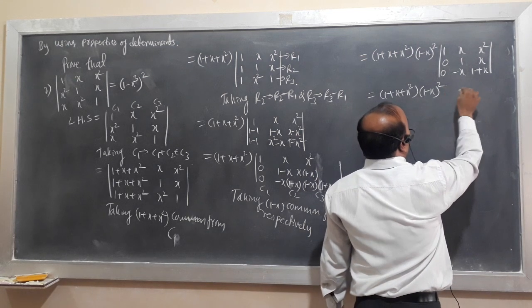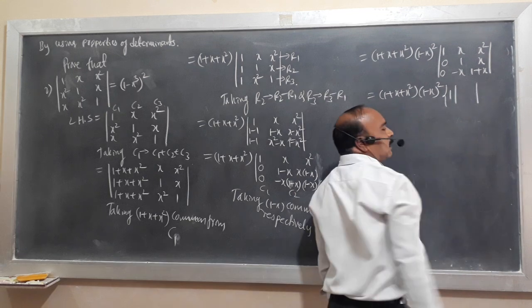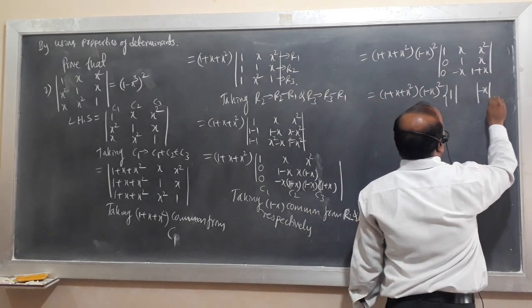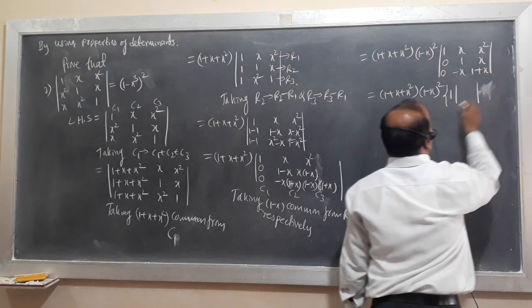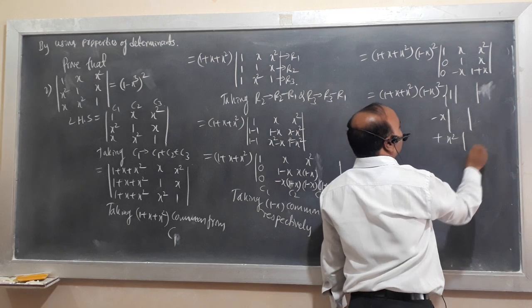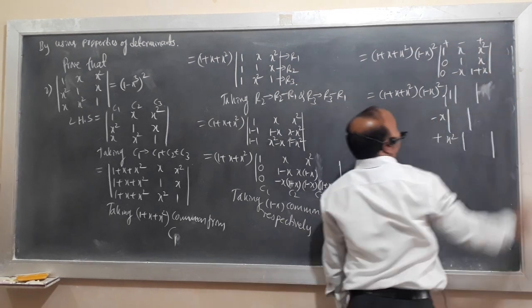Now we expand this determinant: first 1 into determinant, next minus x into determinant, plus x square into the third determinant. Here the signs are plus, minus, plus.